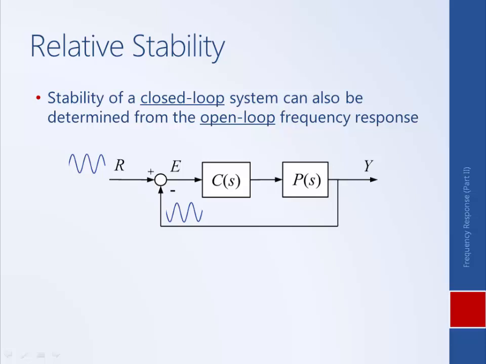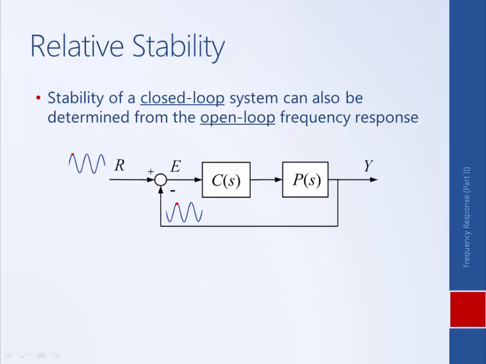For example, the time at which the peak of the input signal occurs will be different from where the peak of the signal is once it goes through the open loop system. And we get ourselves into trouble when the open loop system shifts the signal by 180 degrees.